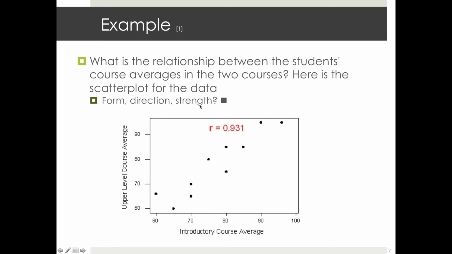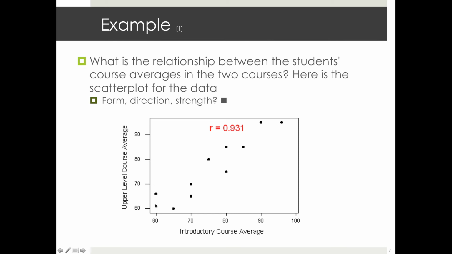The form is the basic shape that the data take, and you can see here that the basic form is linear. The direction is going to tell us whether we're increasing or decreasing, or whether it's positive or negative.